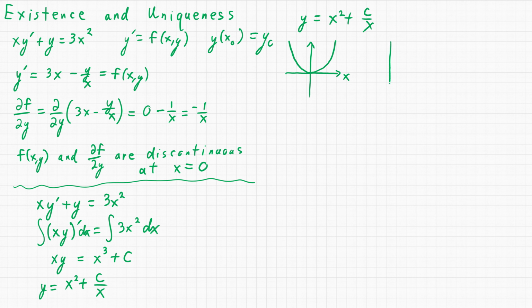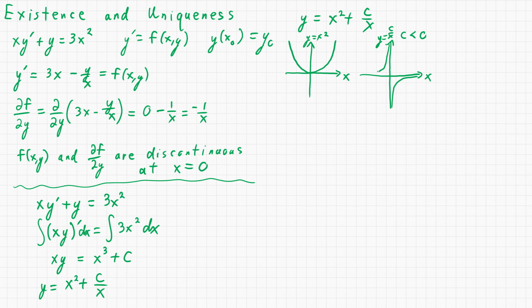But then we also have a few more options here. We've got x, and we've got c less than 0. Here I'll put y equals x squared, and here y equals c over x. If c is less than 0, then it has a vertical asymptote along the y-axis, and it's going to look something like this.